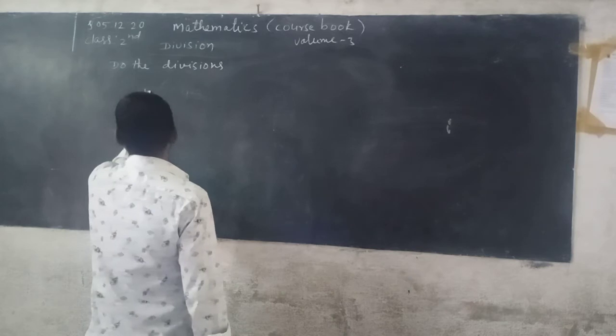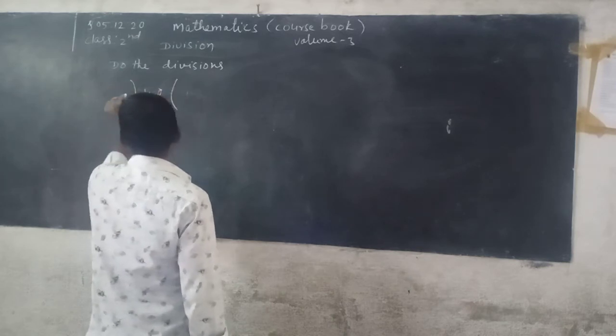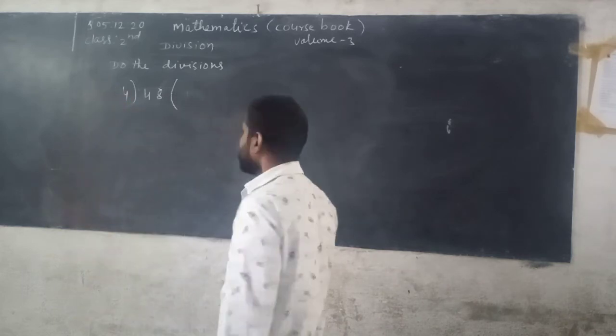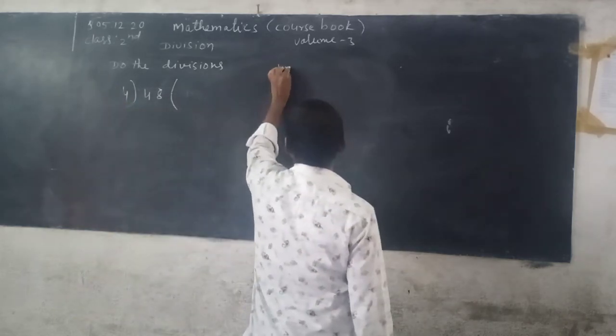Here 48 is divided by 4. 48 is called the dividend, 4 is called the divisor. So you can write here the 4 table.